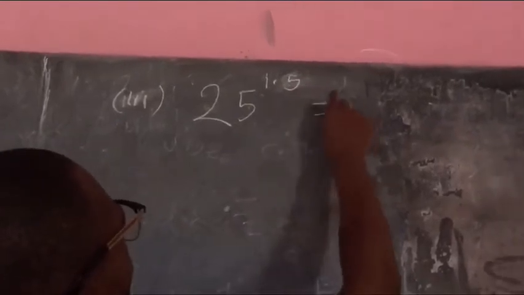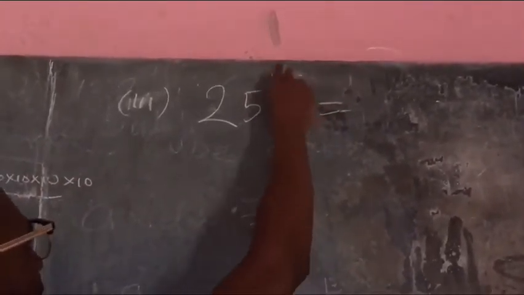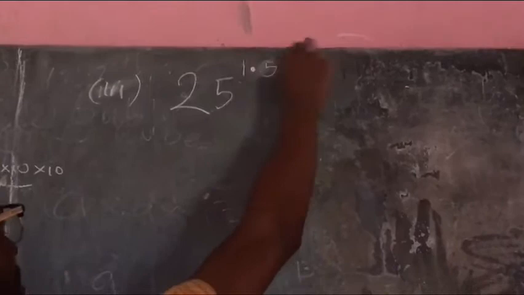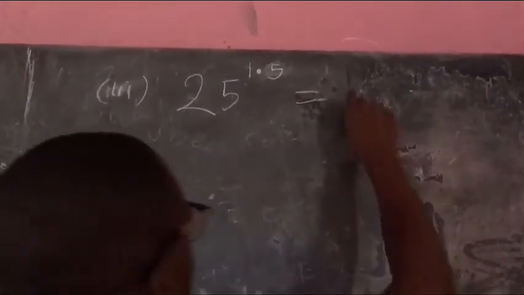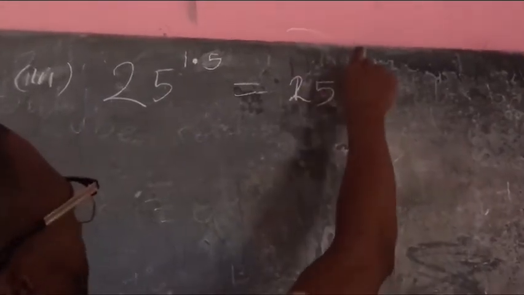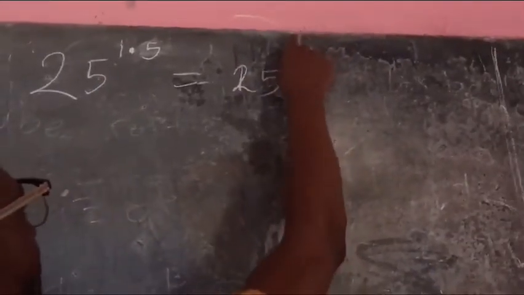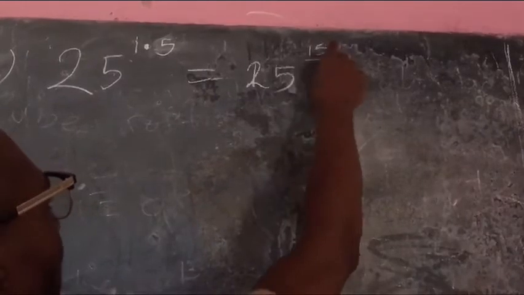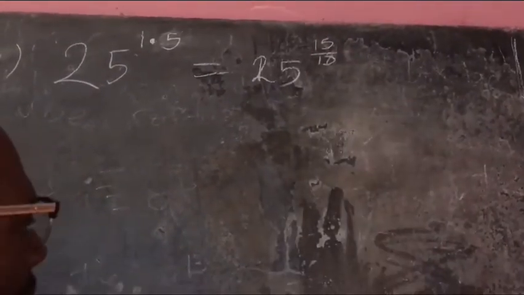Then from here, this one is a fraction now. This is a fraction expressed in decimals. So we can change it. We say 25 raised to power 15 over 10. So we understand.